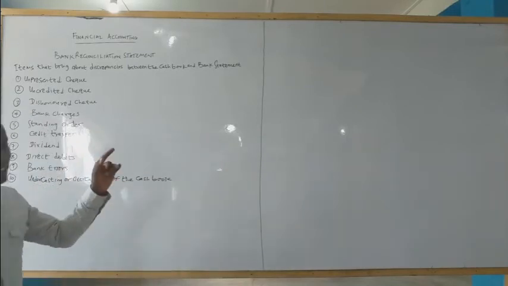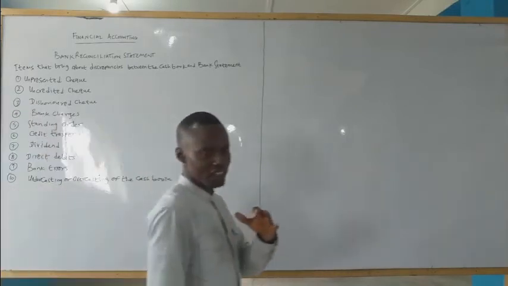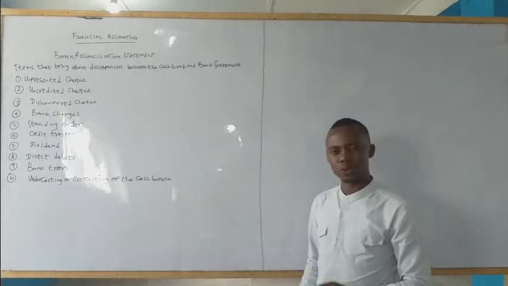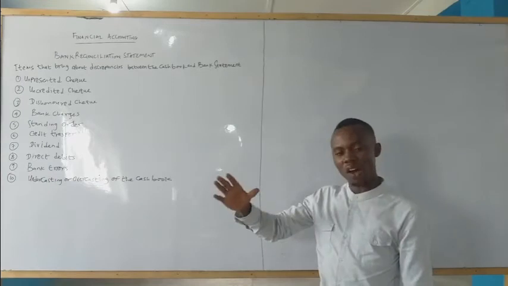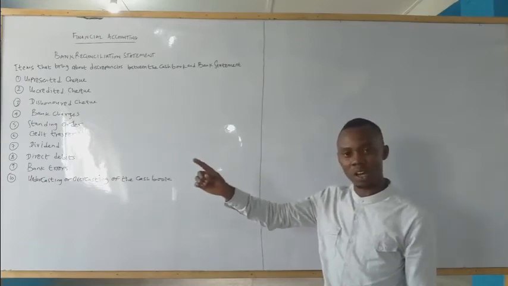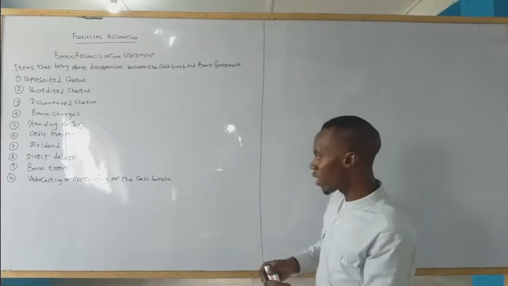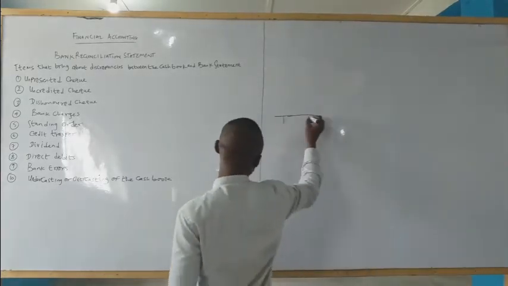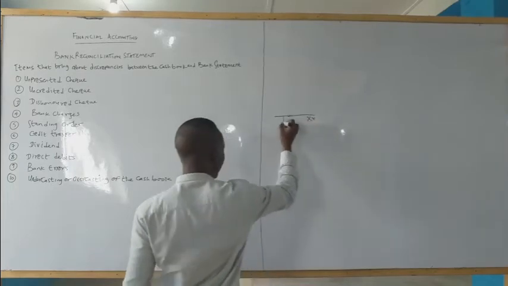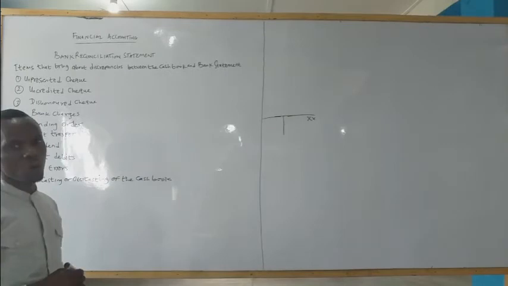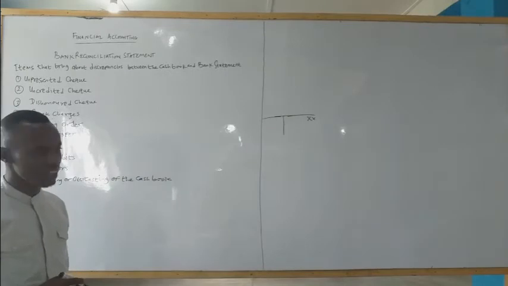So when we issue a check, the check has been recorded in the cash book, because when we issue out, it means that cash is going out. Cash will be deducted from our bank account. So when we issue a check, we are crediting the cash book with that amount.